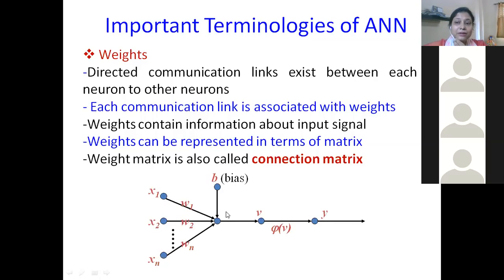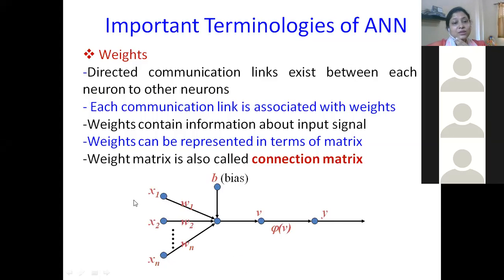So this y is obtained due to x1 into w1, so automatically this weight carries information about x1, and that is why we consider the product term of x1 and w1. And obviously if we have more than one input data, this y is computed as the summation of xi and wi, where i is from 1 to n.